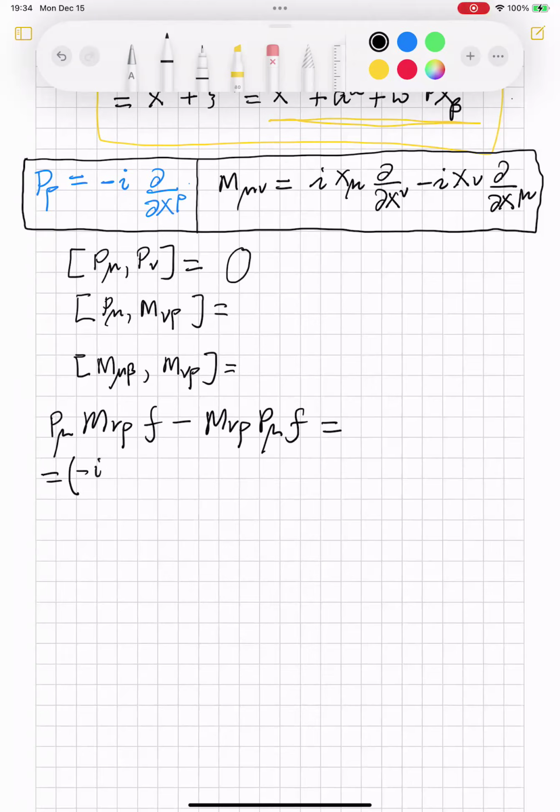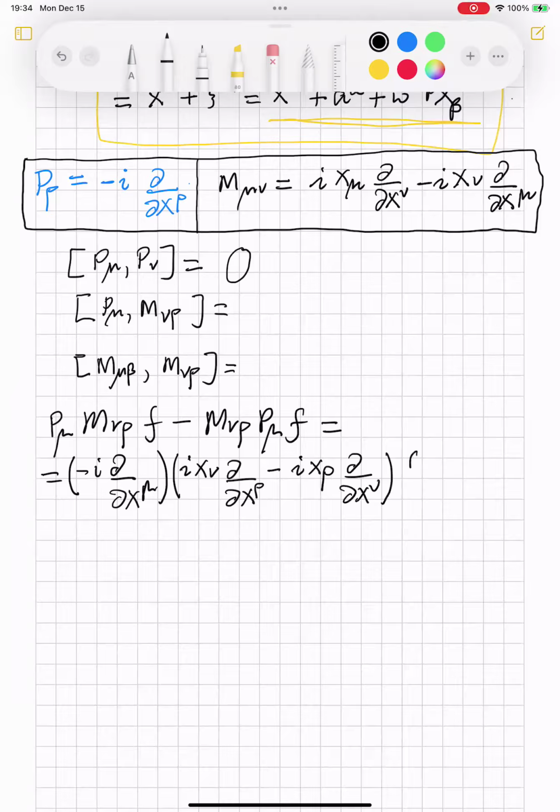We've got minus i d by dx mu, and then for the M nu rho, we'll have i x nu d by dx rho minus i x rho d by dx nu acting on f. So this is the first term.